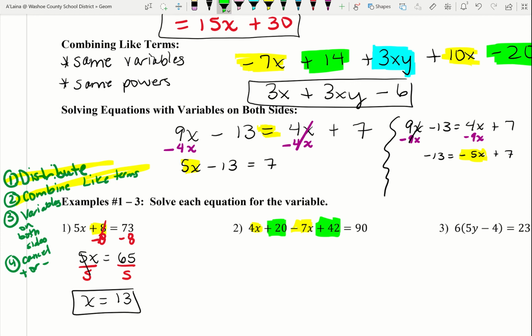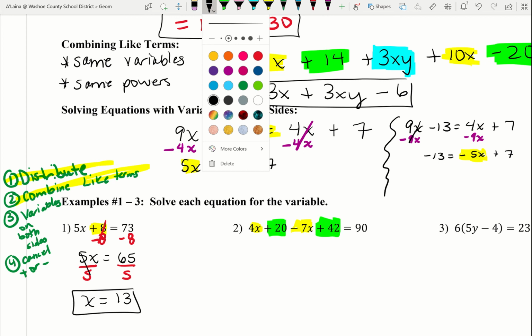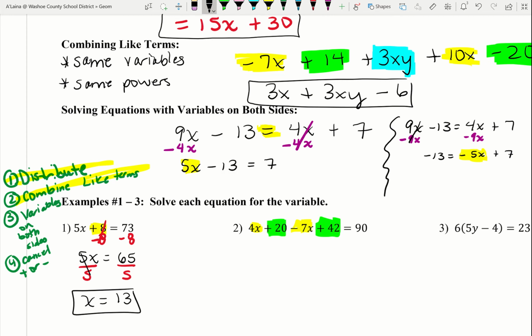If I combine these and rewrite them, I usually put the variable term first. So I'm going to combine the 4x minus 7x. 4 minus 7 is negative 3, and that tells me how many x's I have. And then 20 and 42 is positive 62. I'm going to put a plus sign in front of it because it's positive.